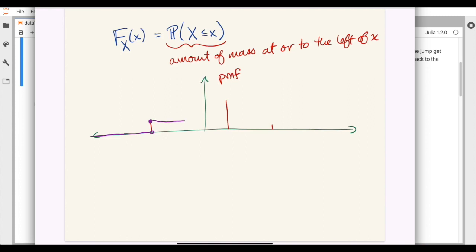And then as you move, you've accumulated still that amount of mass, but no more. And then when we hit this point, we jump up to a height which is the sum of these two red bars, and so on. And we consume the last bit of probability mass here, and then the CDF is going to be at 1 forever after.